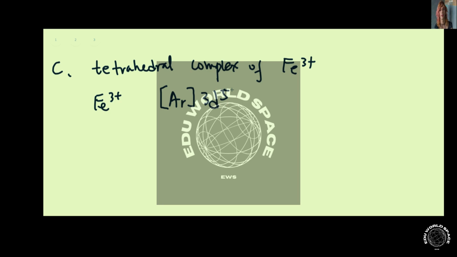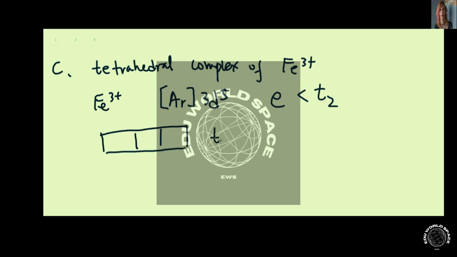And in a tetrahedral ligand field, the E orbitals get lower energy than the T2 orbitals. So all tetrahedral complexes are weak field complexes. Because of the weak field, electrons will preferably go half-filled and then to pairs. So the crystal field splitting diagram will look like this.